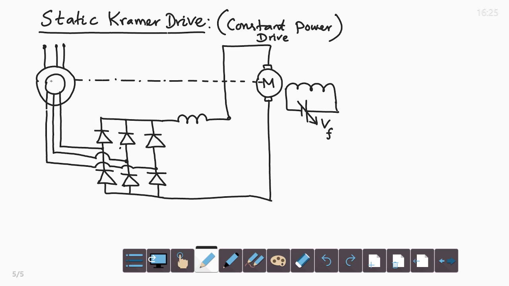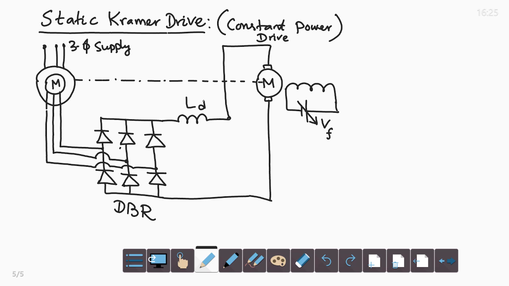So, this is the 3-phase induction motor, and the outputs of the 3 rotor terminals of the slip ring induction motor are connected to a diode bridge rectifier, just like previous schemes, and then it is filtered through a filter inductor LD.